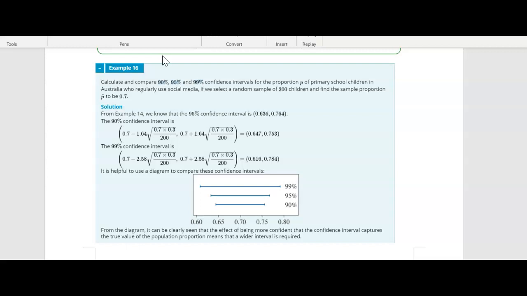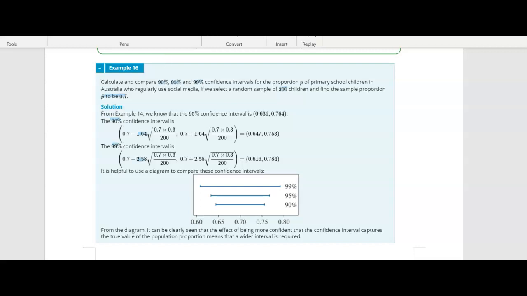For the proportion of primary school children in Australia who regularly use social media, we selected a random sample of 200 and find the sample proportion to be 0.7. You can see they've substituted the values in. For 90%, remember I got that 1.64 when I did that before on the calculator, and for 99%, I did the 2.58.